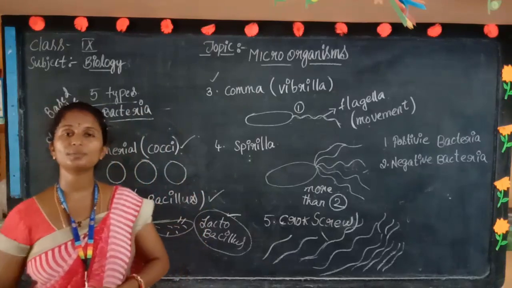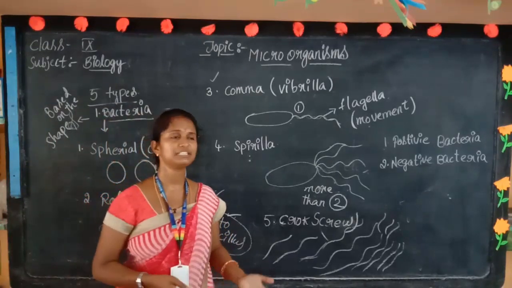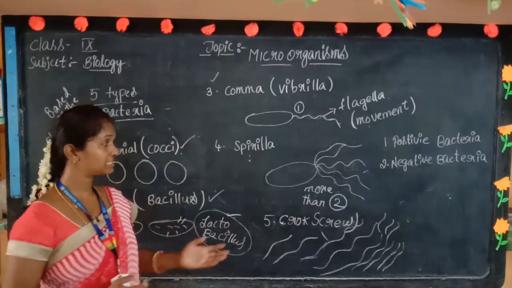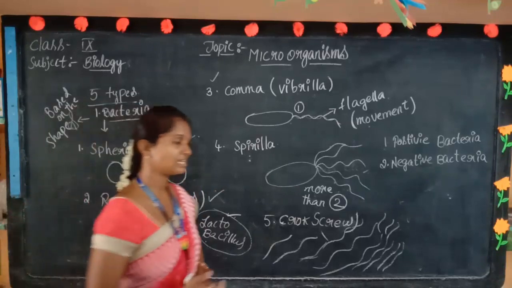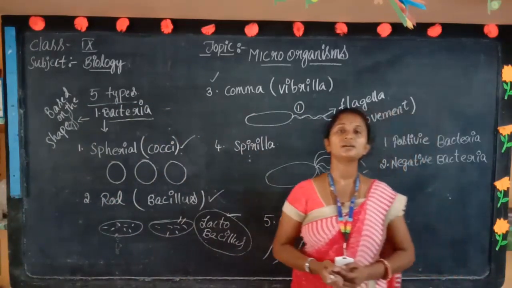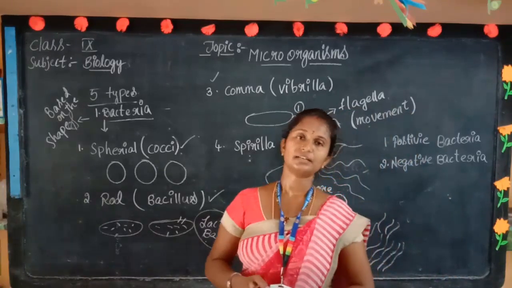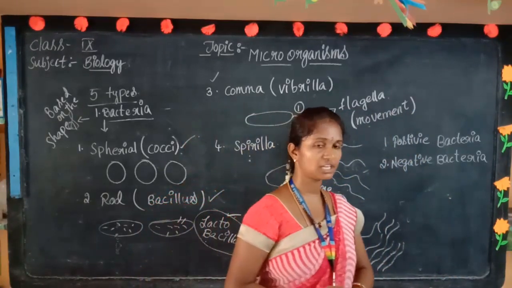And these bacteria you may find everywhere: in the soil, in the rocks, on the mud, on the dust. That is all we discussed in this session. And in tomorrow's session we are going to see the second type of microorganism, that is algae, and protozoa.